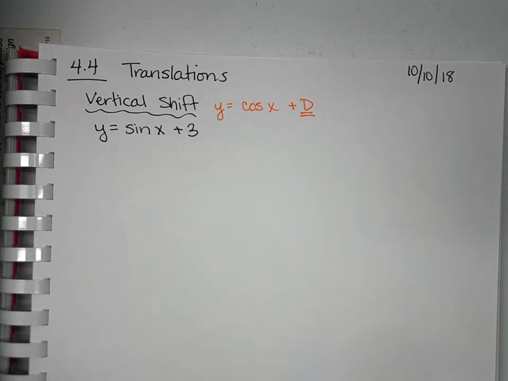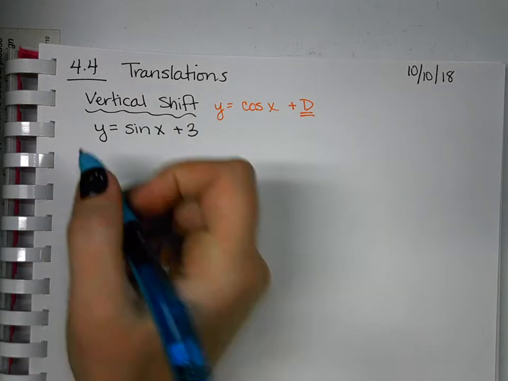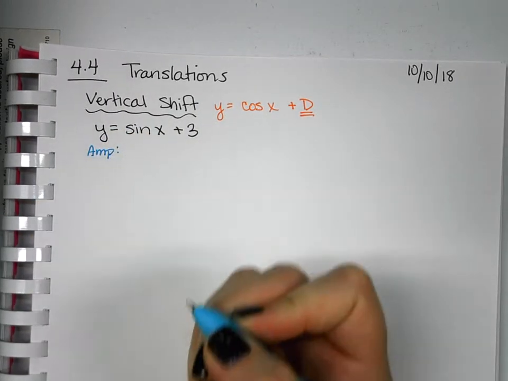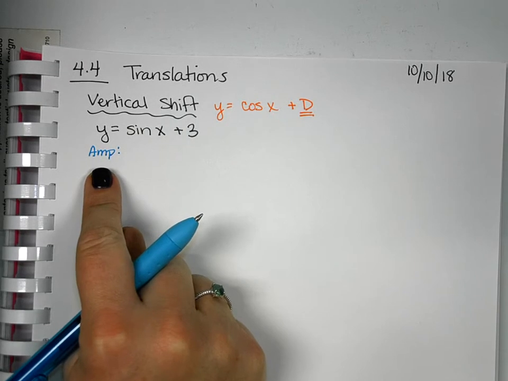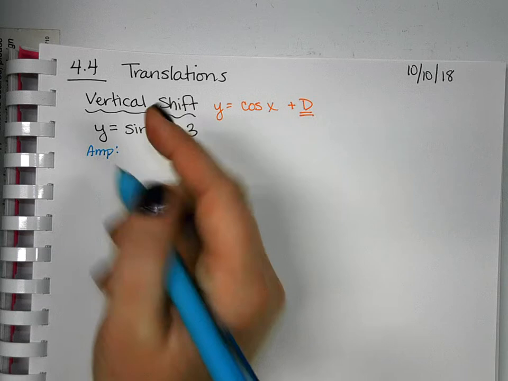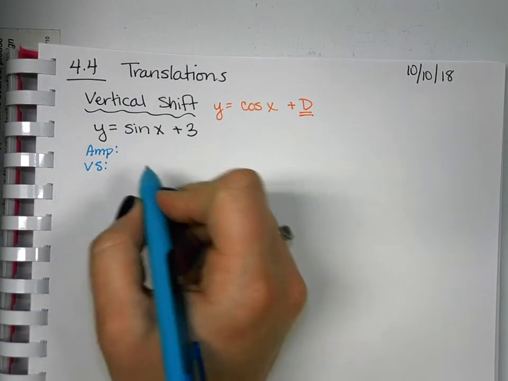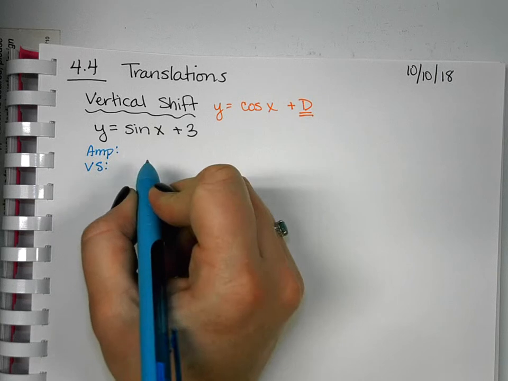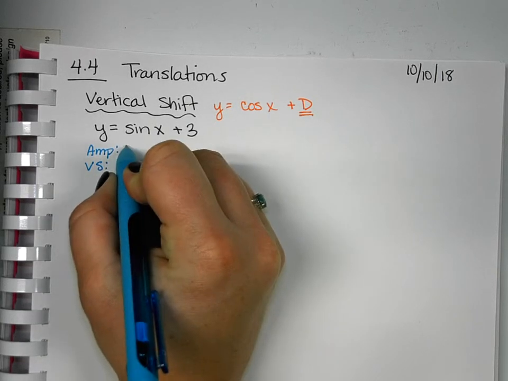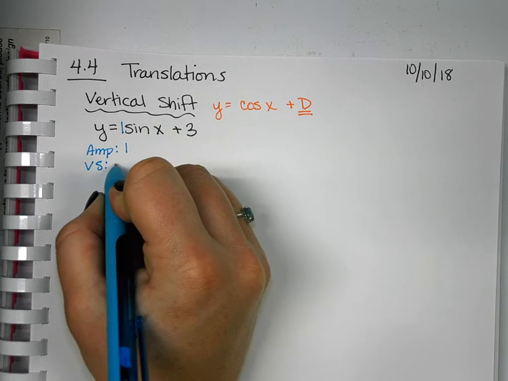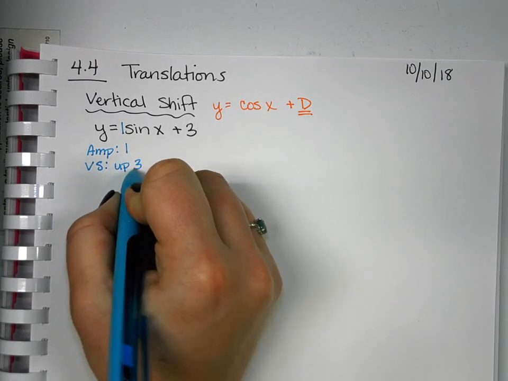One of the things that I would encourage you to do is to make a list of your transformations, or things that could change. So we talked about amplitude already. Now we're talking about vertical shift. So our amplitude is 1, because there's a 1 in front here. Our vertical shift is up 3.